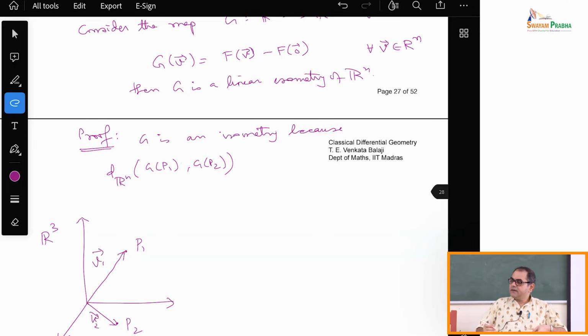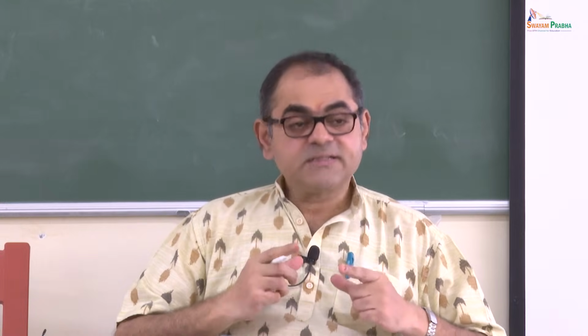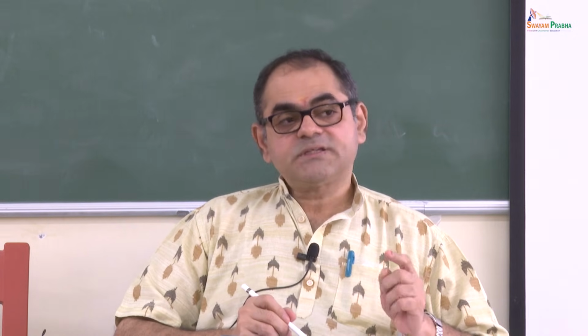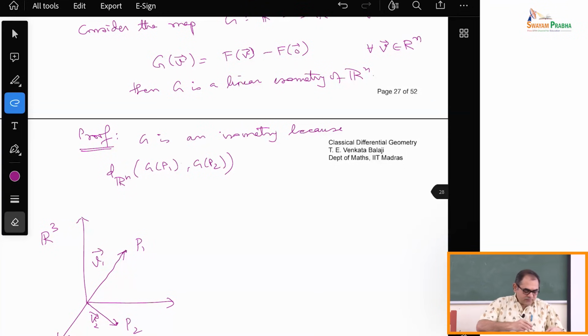I want you to understand the meaning of the distance between P1 and P2. It is also the length of the vector P1P2, and that is the same as the position vector of P2 minus the position vector of P1. This is just by ordinary vector addition. So I just want a little bit of that interpretation here.